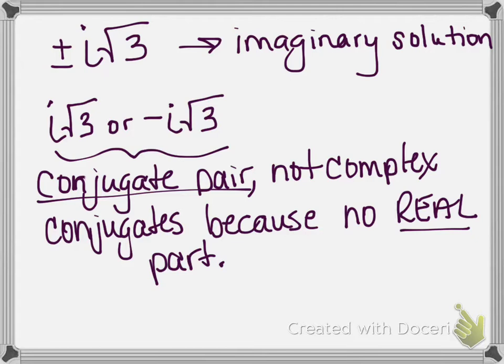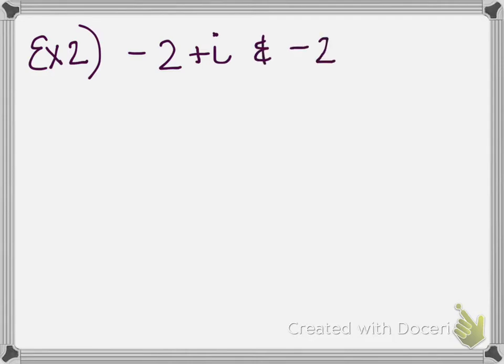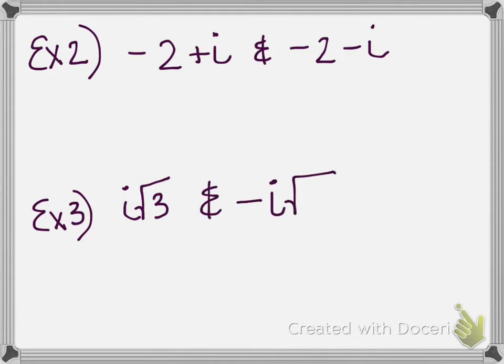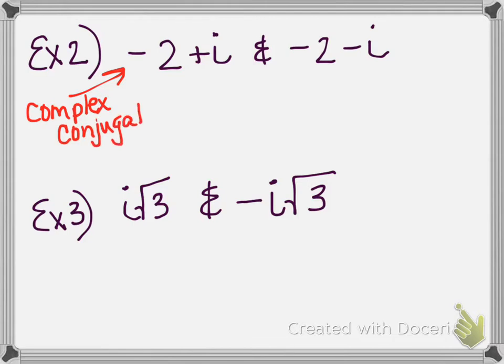If you look at the solution to number 2, and I'll put that on the next slide, example 2's solution was negative 2 plus i and negative 2 minus i. Example 3 was just positive i times the square root of 3 and negative i times the square root of 3. So these guys here, example 2 solutions, are the complex conjugates, and these guys here are just a conjugate pair.